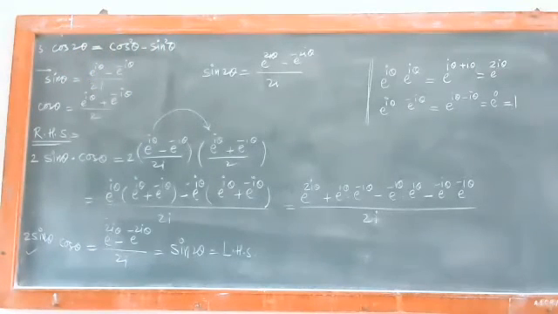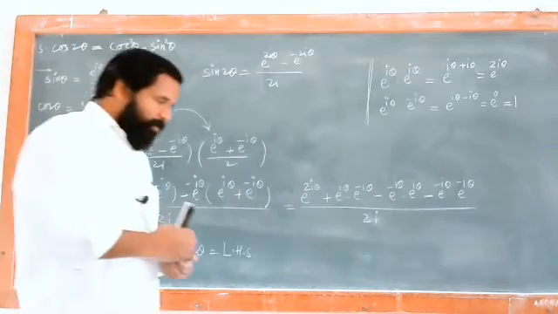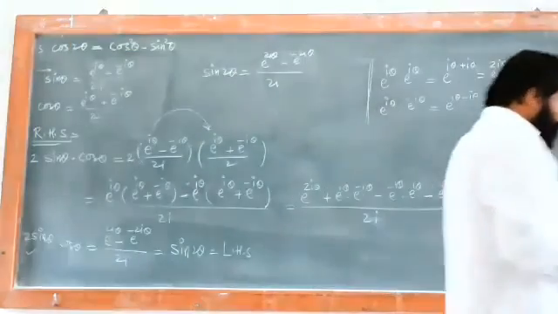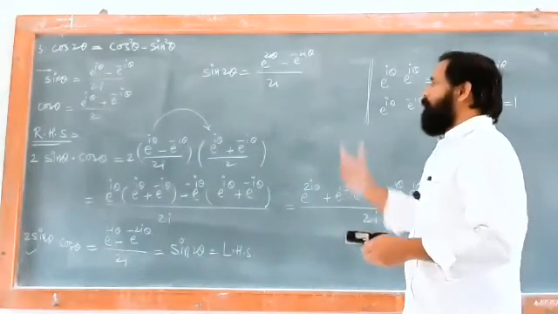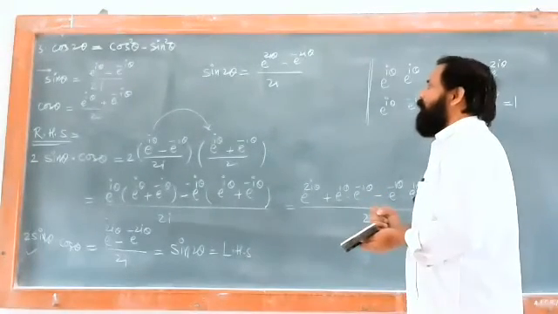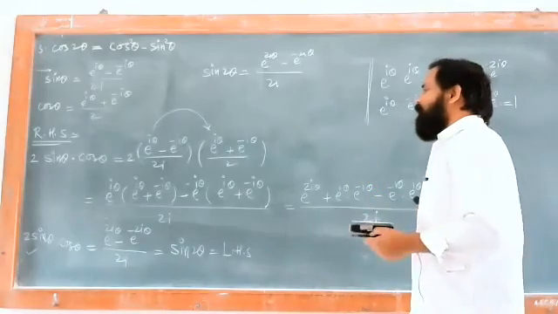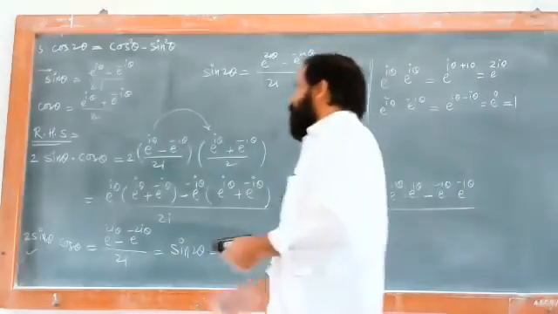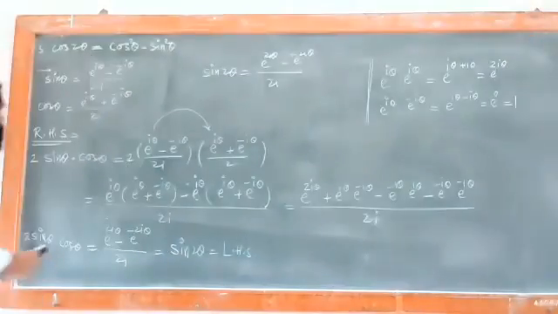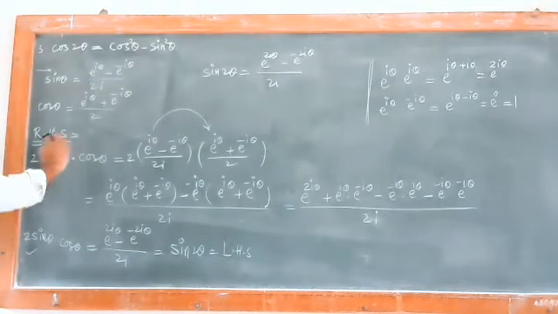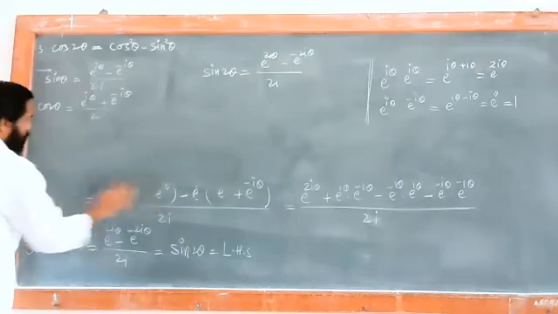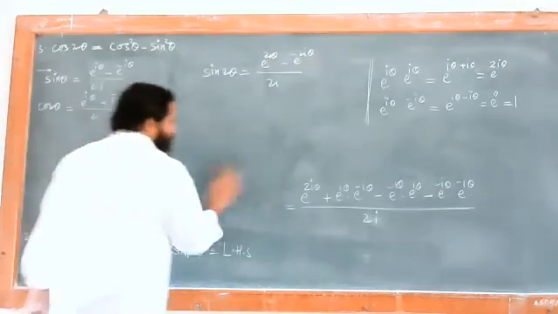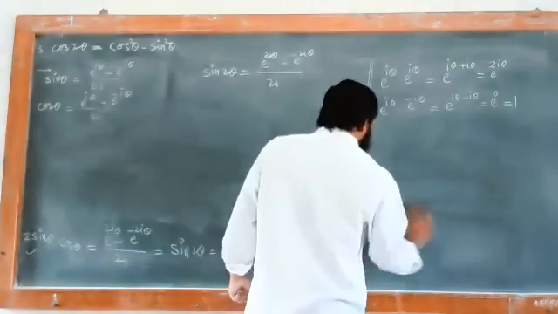What do we want? We want sin theta and cos theta, and then we require sin square theta and cos square theta. You just have to take a subtraction of it. I have sin theta is equal to e raised to I theta minus e raised to minus I theta upon twice I. And cos theta is equal to e raised to I theta plus e raised to minus I theta upon 2.